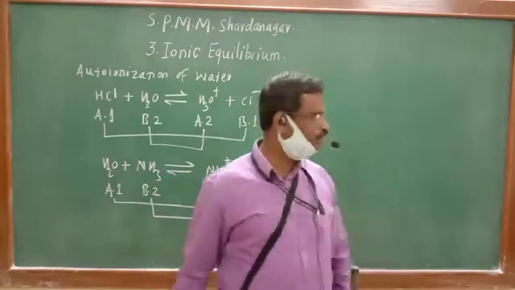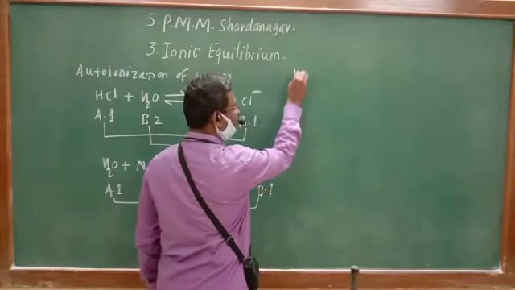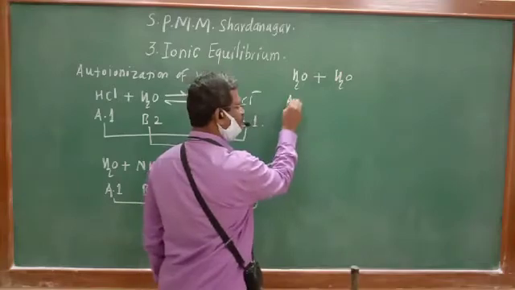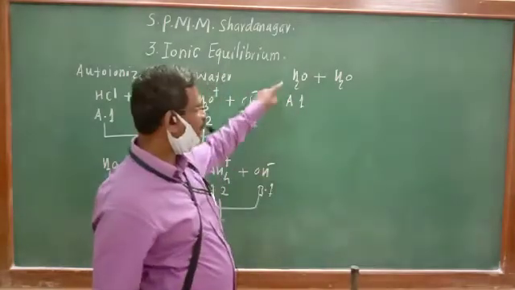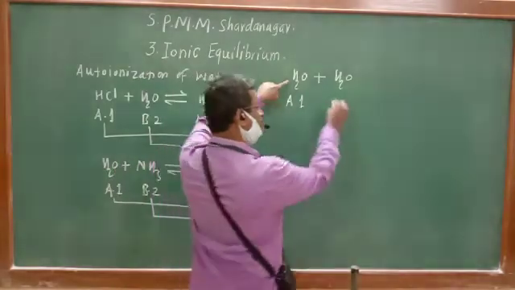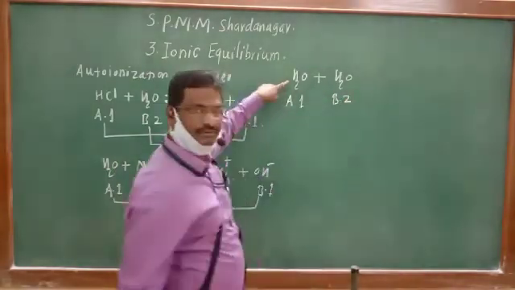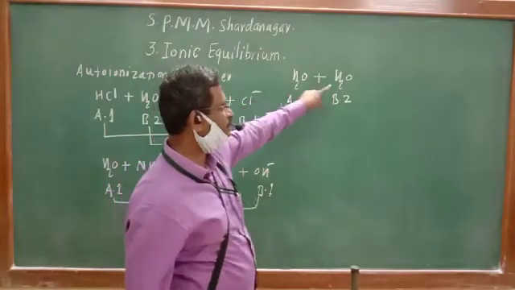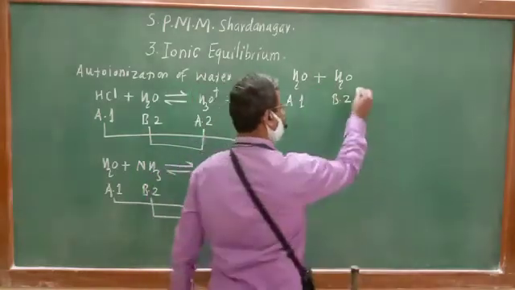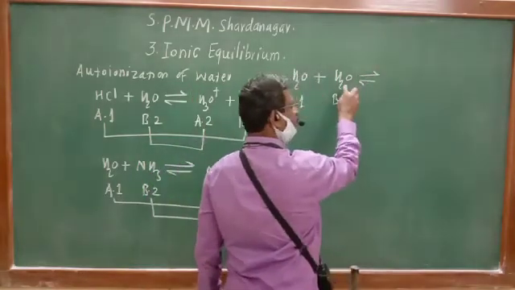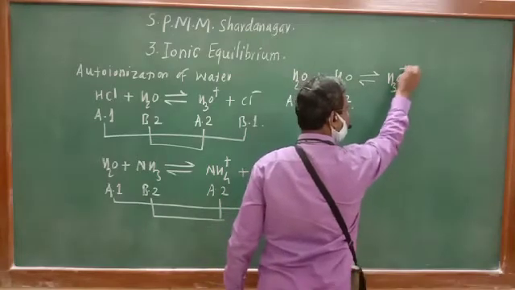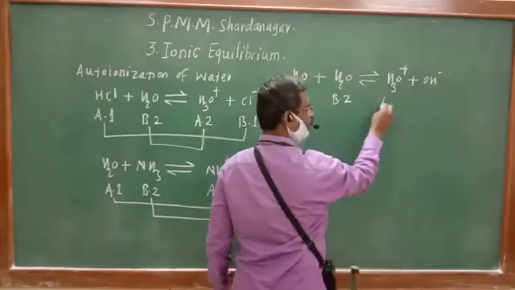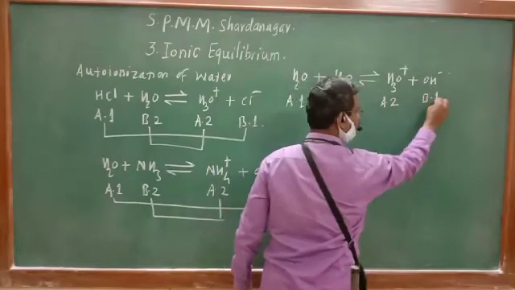So let us see one more reaction that is important now. H2O plus H2O. Let this be the acidic water molecule, and this be the basic water molecule, because water acts as acid as well as base. This is donating a proton, this is accepting a proton. By accepting proton, this is converted to H3O+ hydronium ion, and this is converted to OH-. Therefore, this is acid and this is the base.